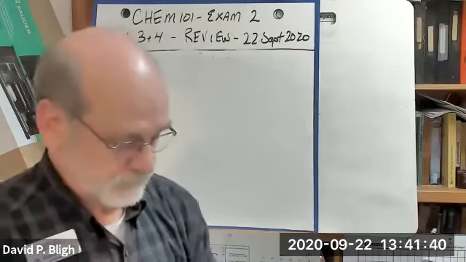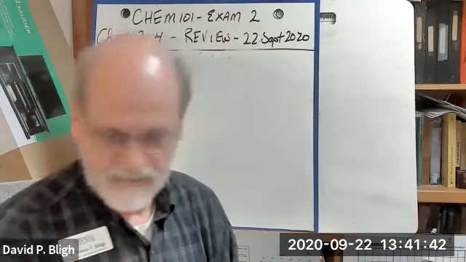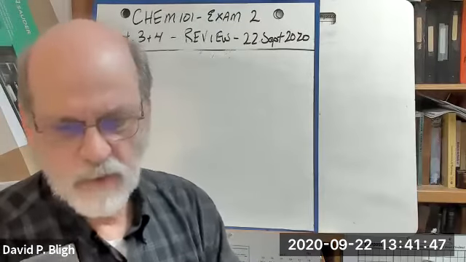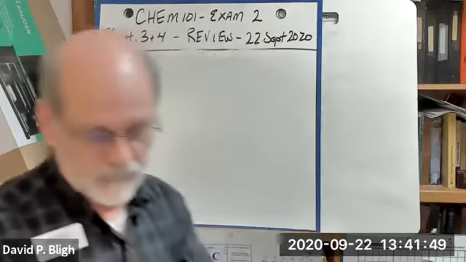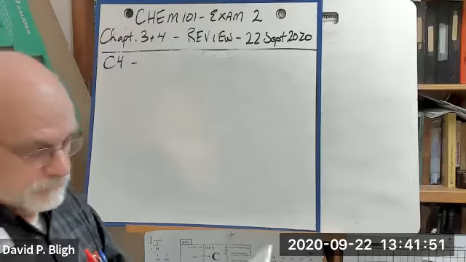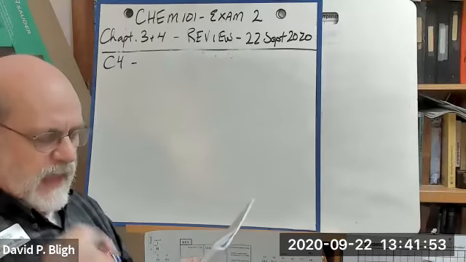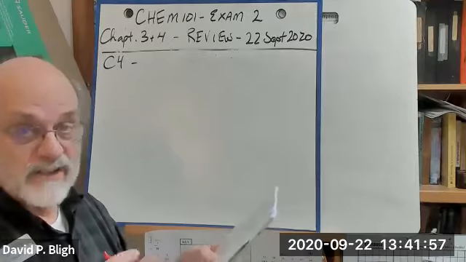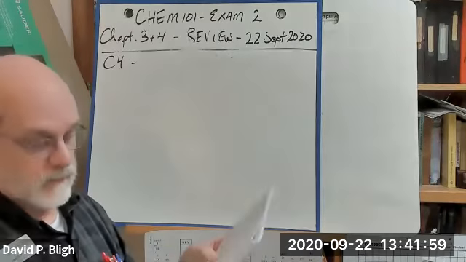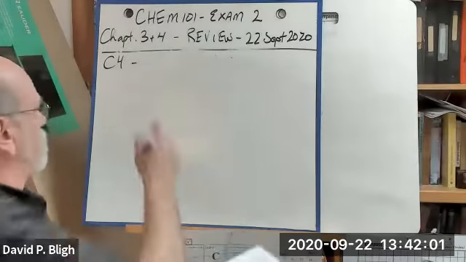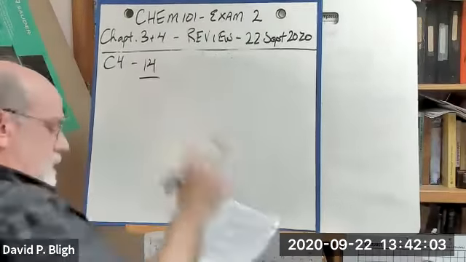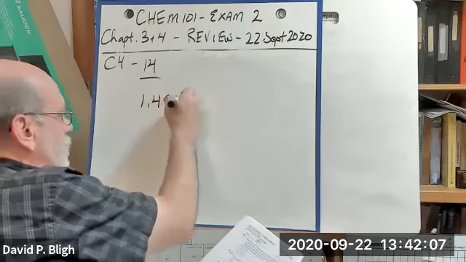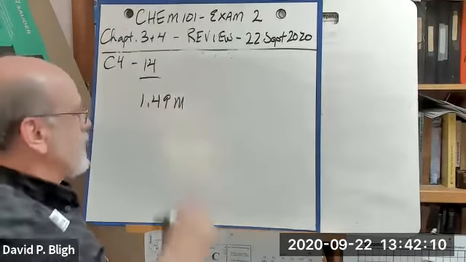Okay, so here's a better one. Suppose you're working in a lab. Some of you might have that ambition. And you need to prepare a solution that's a particular molarity in a given compound. In this case, we need 1.49 molar calcium chloride.